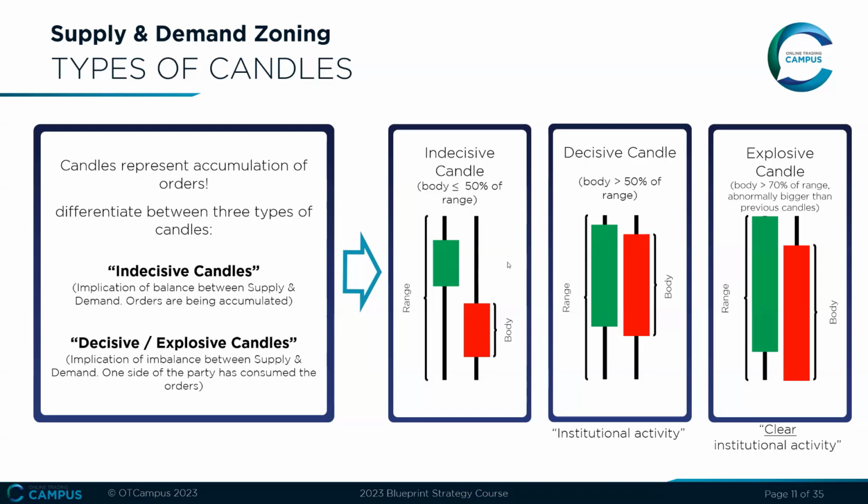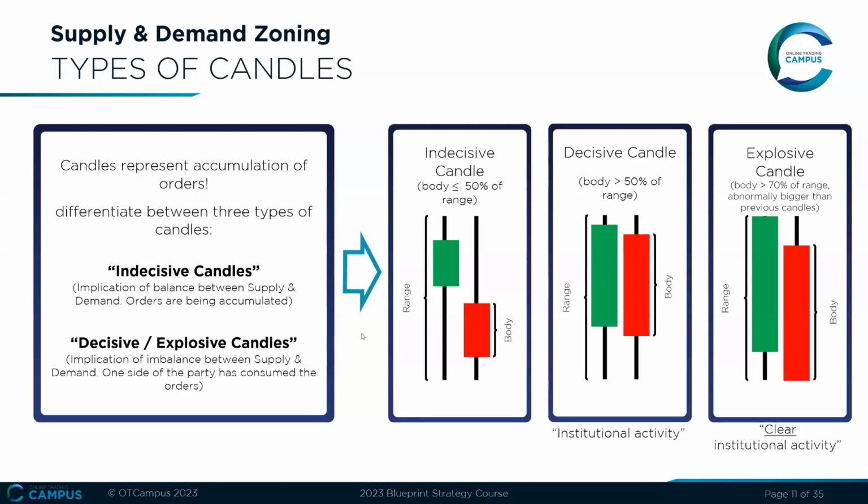So we have the entire range of our candles, remember, that's from the low end wick to the top end wick, and we have the size of the body. If the body is smaller than 50% of the entire range, then we can assume these are indecisive candles.